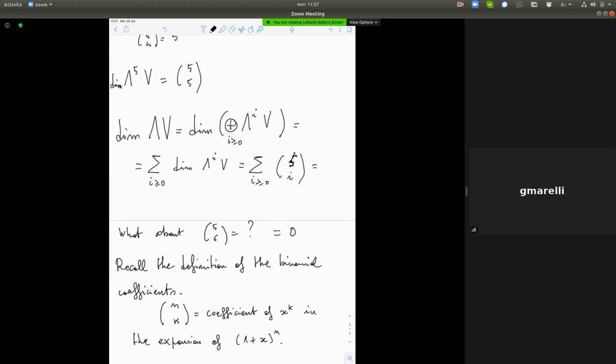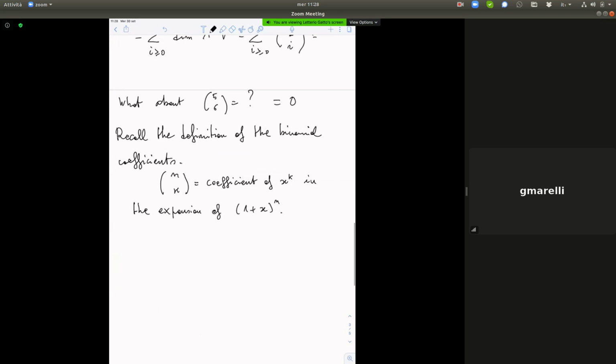This is the definition of the binomial coefficient. So 5 over 6, 5 choose 6 means compute 1 plus x to the power 5. What is the coefficient of x to the power 6? Is 0, of course. This is 0.